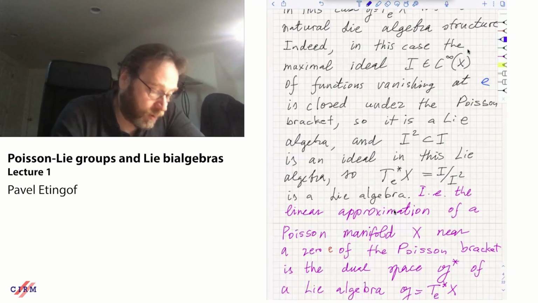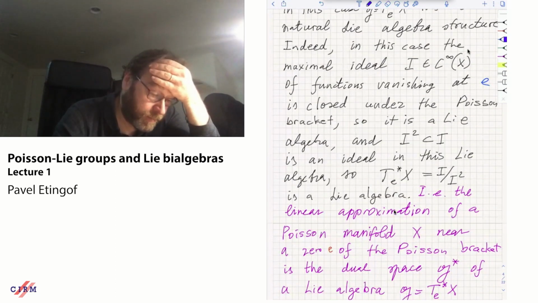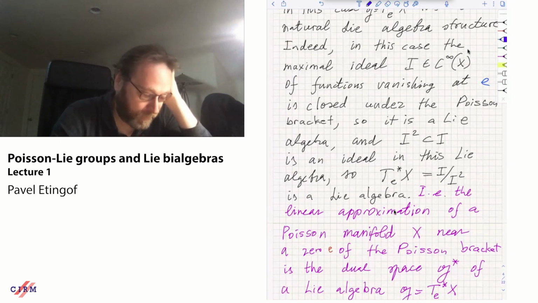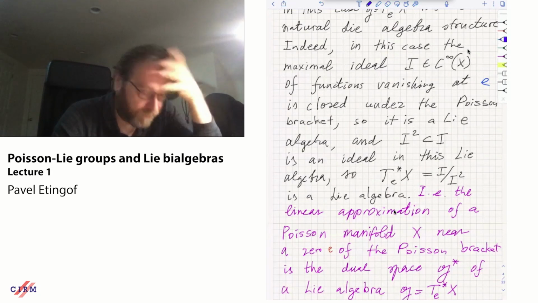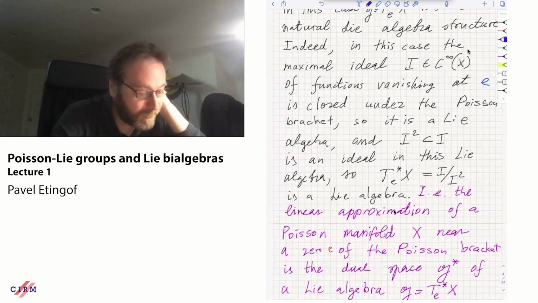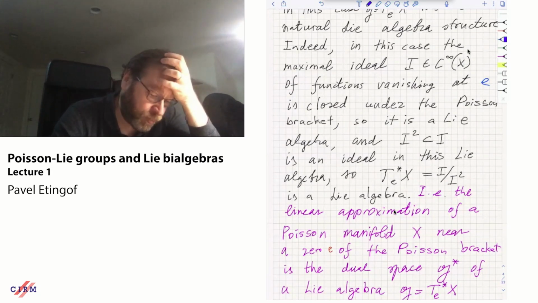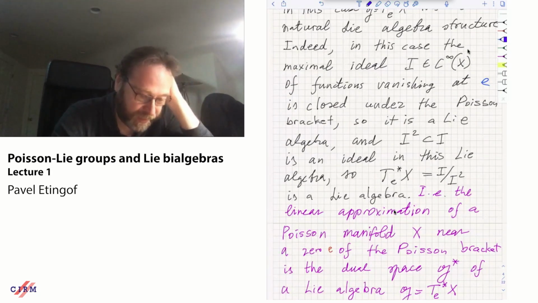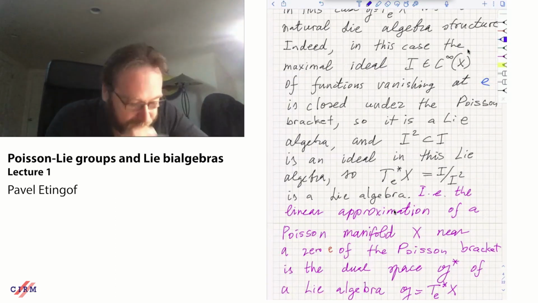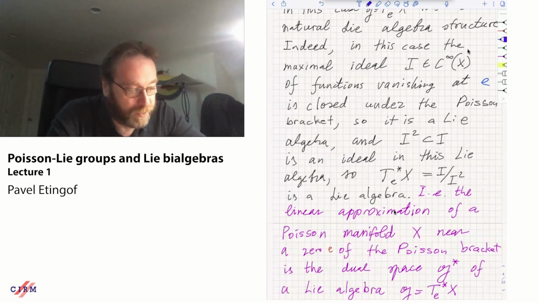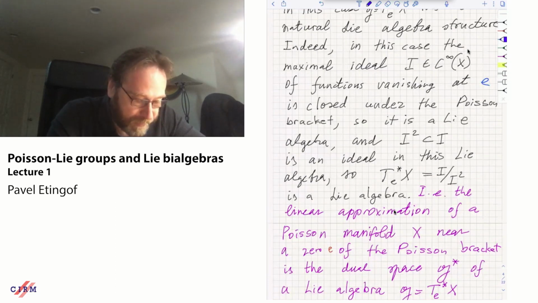Yes, so this shows that the linear approximation of X at the point E is the tangent space, dual to G. So this is the coadjoint representation, G star, of this Lie algebra. It is well known that the coadjoint representation of a Lie algebra has a Poisson structure, which is the Kirillov-Kostant bracket.